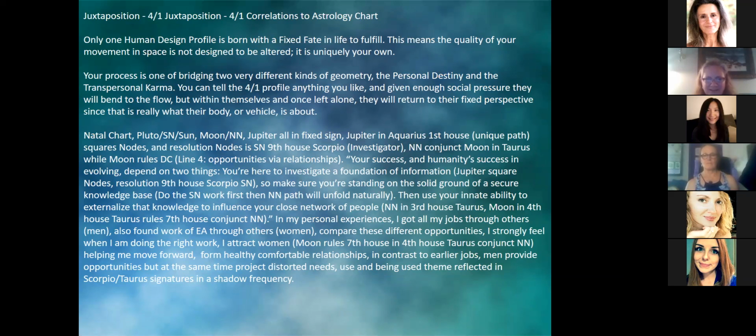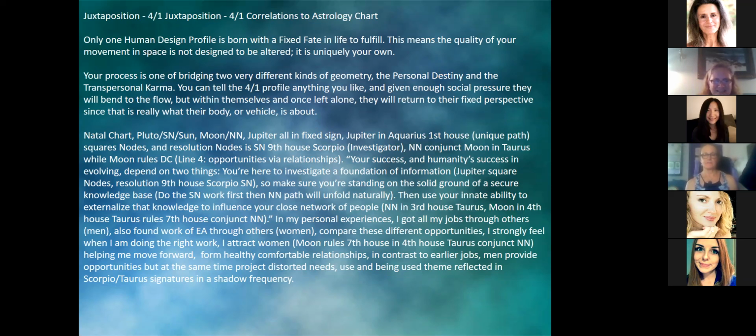And so make sure you're standing on the solid ground of a secure knowledge base. So again, I have to work on my South Node first to have a secure base. Then I can use my ability to externalize the knowledge to influence my close network of people. That just perfectly describes how my North Node in 3rd house Taurus lesson can naturally unfold.